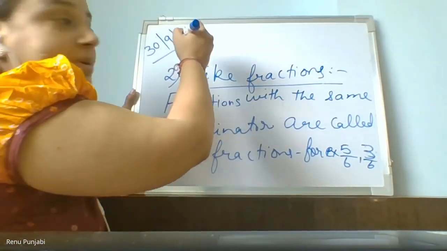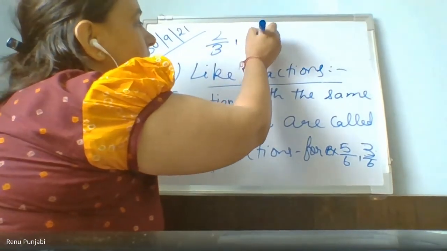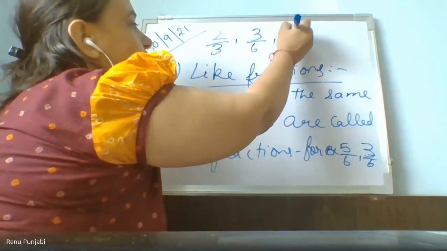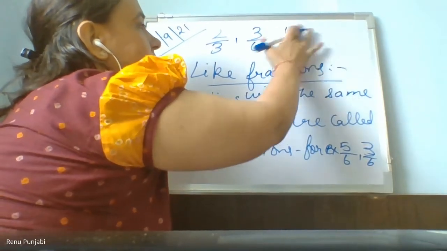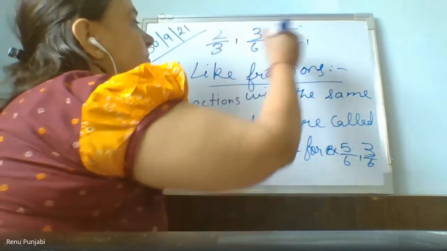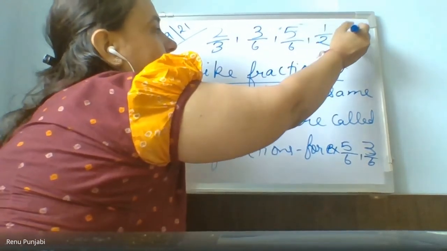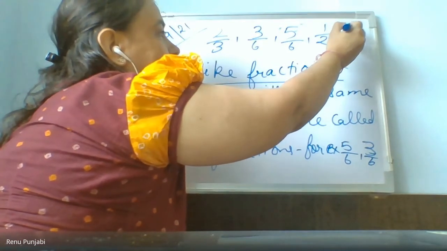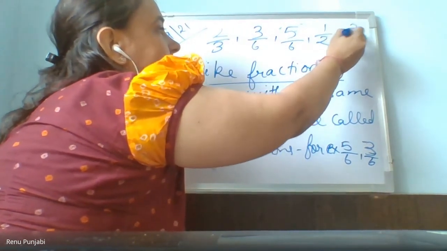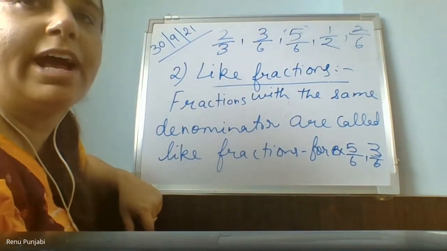For example, 2/6, 3/6, 4/6, 5/6, 1/2, and 2/6. So now tell me which are the like fractions in this group of fractions?